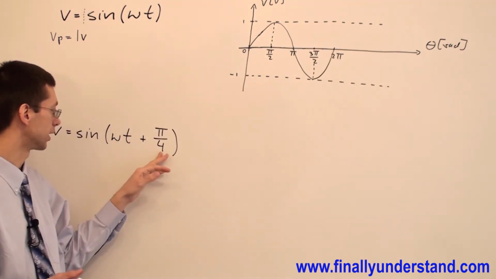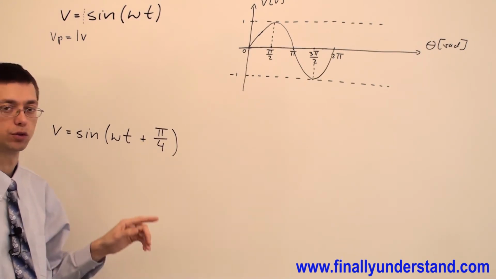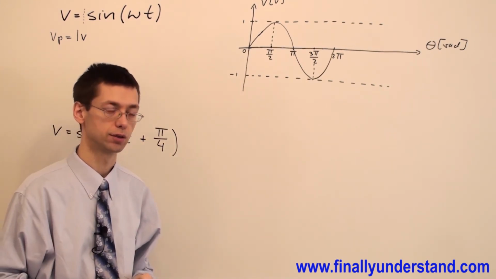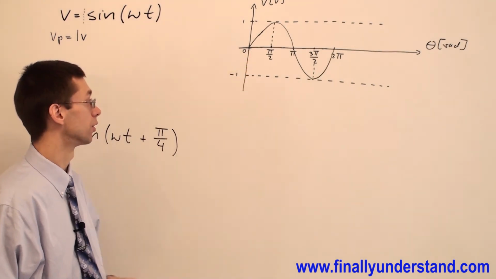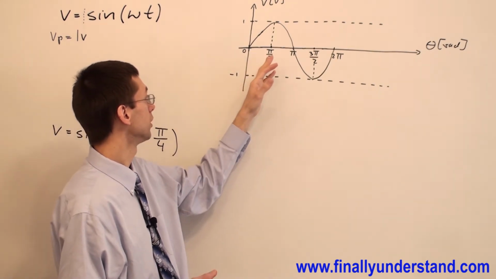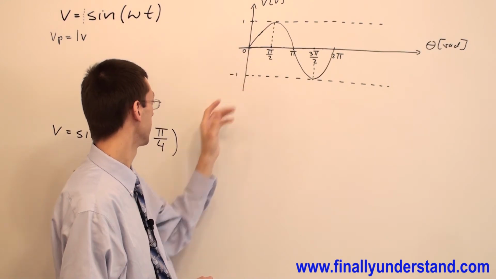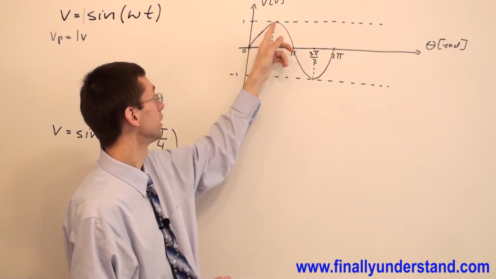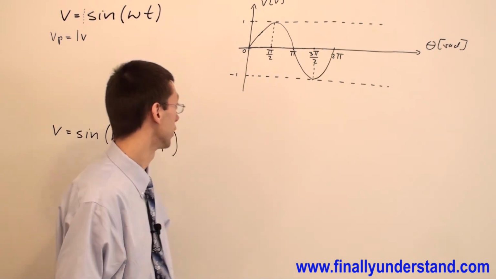This is the phase shift angle, and anytime you have a positive sign, it has to be moved to the left of your reference point. But my reference point is most of the time 0. So what I have to do, I have to move every single 0 crossing point to the left by pi over 4, and every peak point to the left by pi over 4.